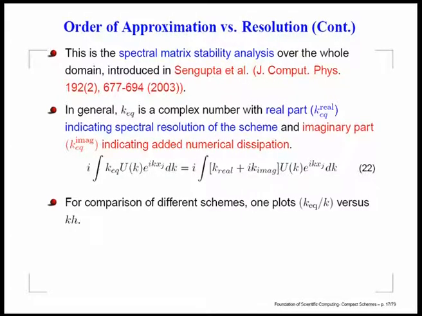So, that is why we will be plotting K equivalent by K, and of course, by now you are comfortable with the idea that instead of plotting it as a function of K, we will be plotting it as a function of Kh. Okay. That will make your job easier, because all the time you will be plotting between 0 and pi. That is the universal limit, right, set by Nyquist limit.